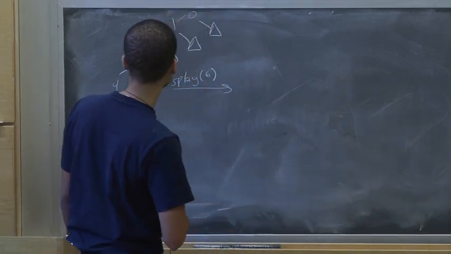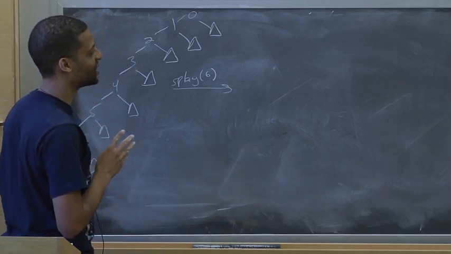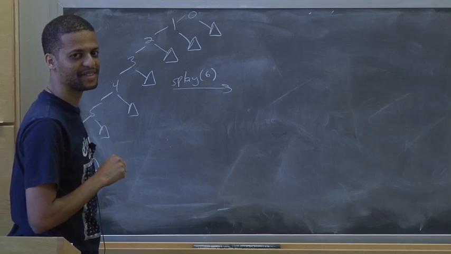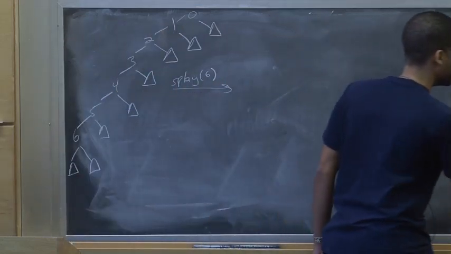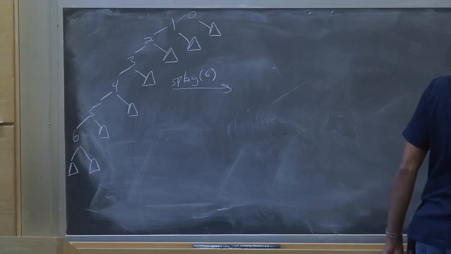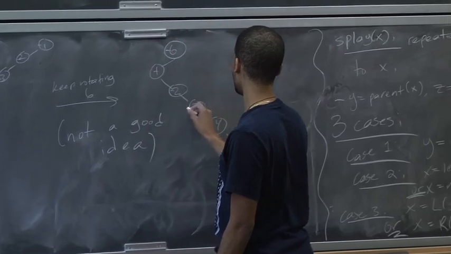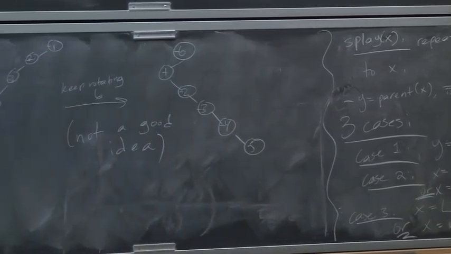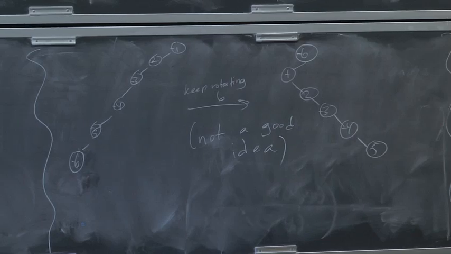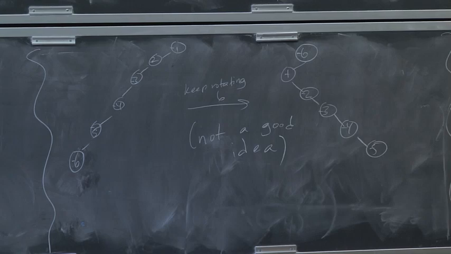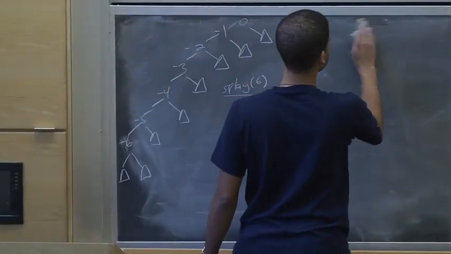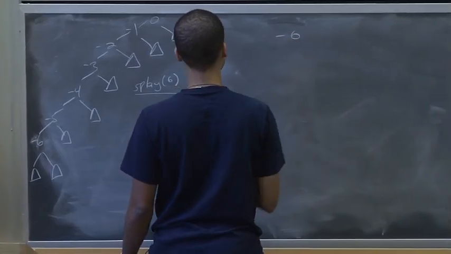Wait a second. Can someone tell me something that's wrong with this picture? Yeah, so these are all negative numbers. Whoops. Now this picture is at least sensible. I don't want to keep writing negative numbers, but alas. Okay, so minus 6 has to be on the top, we know.